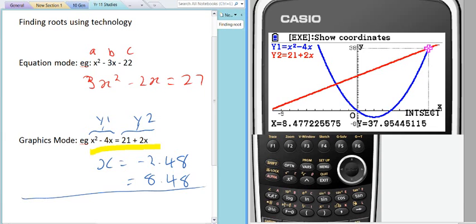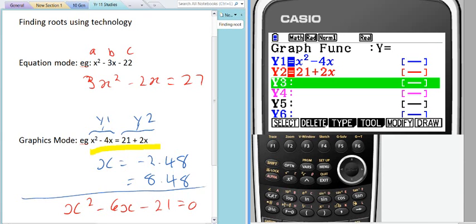Now, let's see what happens if we did go through the algebraic step and got one side equal to 0. Moving everything from the right to the left, we would have x squared take 6x take 21 equals 0. Now let's put that in as y3.